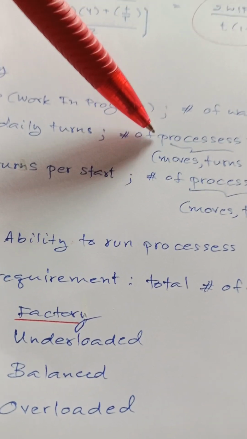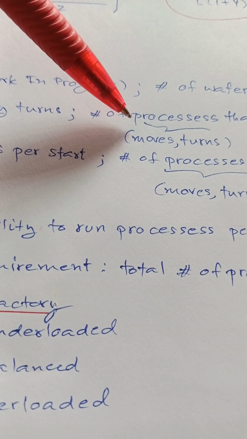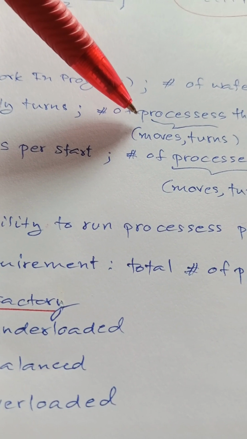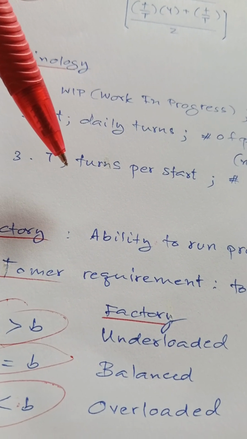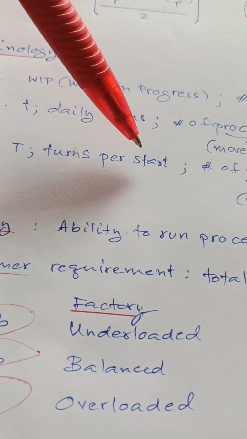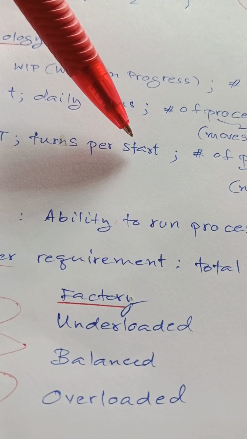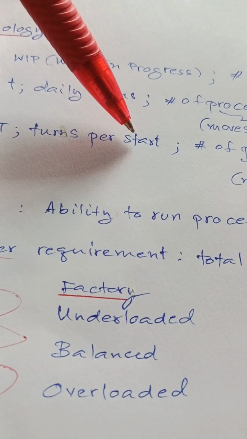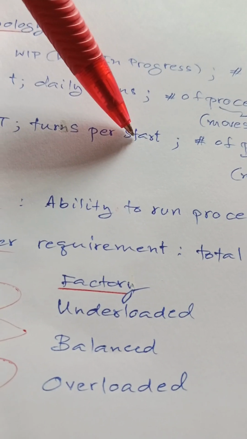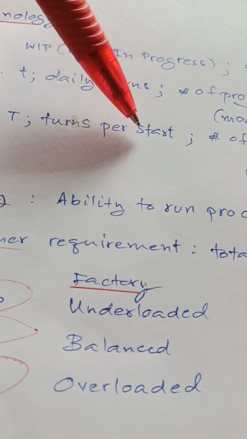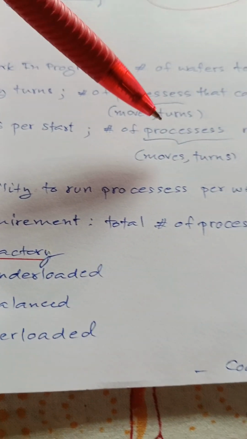That means how many processes, moves, or steps you can finish in one day. The uppercase T, that's turns per start, or how many processes you have to go through to complete one wafer. Okay, so it does not depend on the time. It just depends on one wafer. How many processes, how many moves, how many turns.